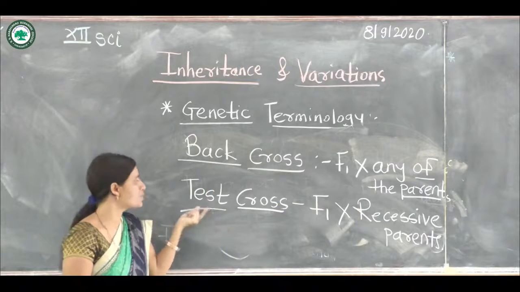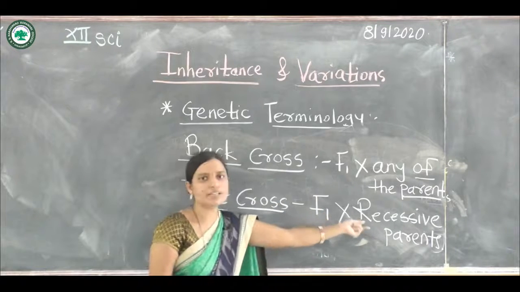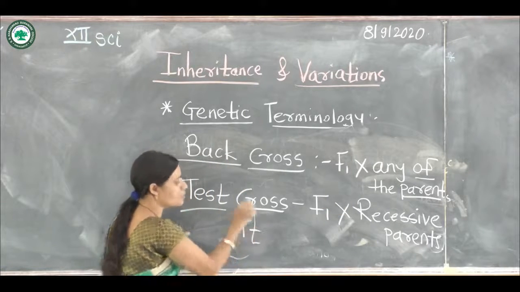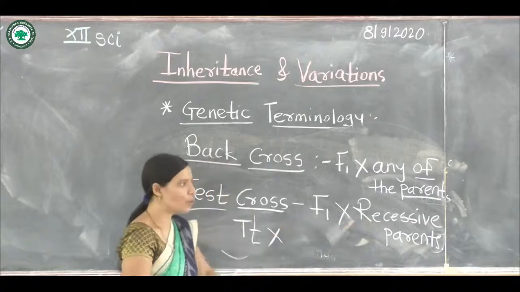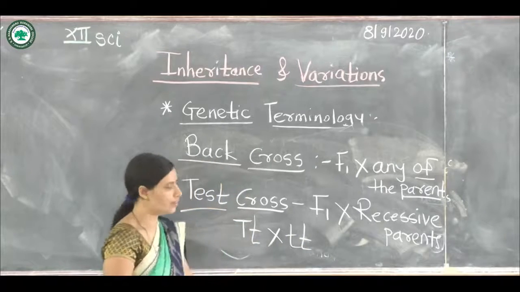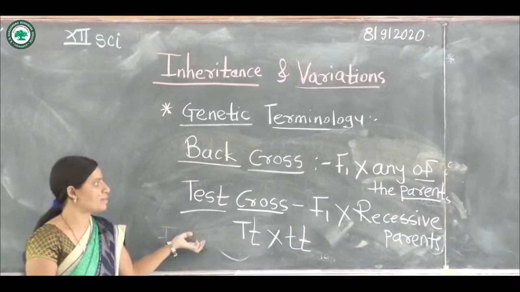This term is known as a test cross. For example, F1 capital T, small t is crossed with the recessive parent, small t, small t. This cross is known as a test cross.